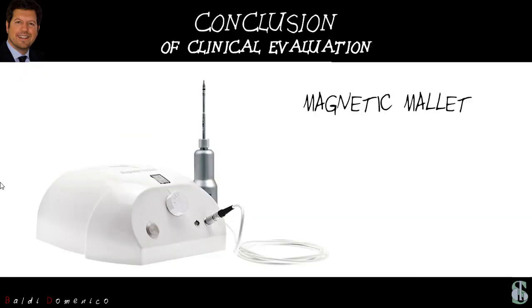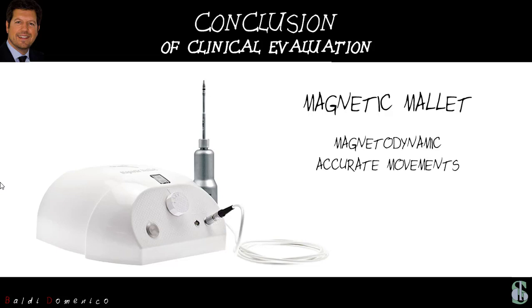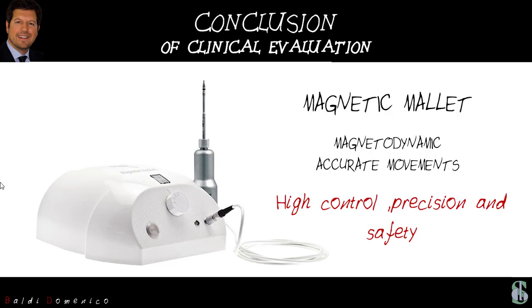In conclusion, if we look at clinical evaluation, we can summarize all the concepts which we have analyzed till now. As a matter of fact, with the magnetic mallet we can obtain magnetodynamic accurate movements, which permit us to have high control, precision and safety, especially during sinus lift with crestal approach.